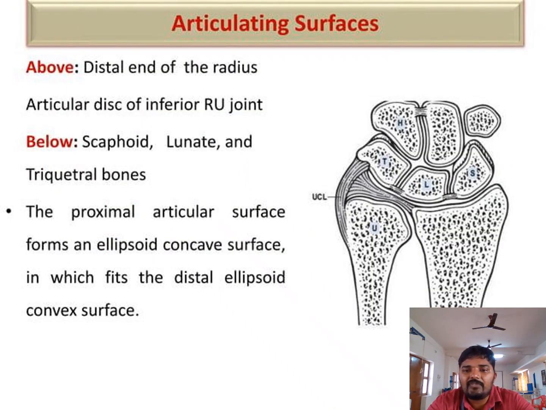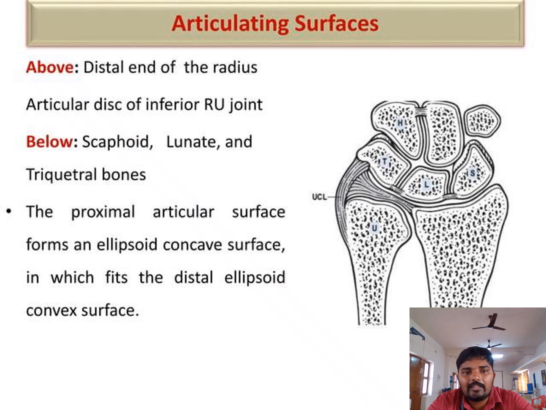Then the articulating surface of the wrist joint has an upper surface and a lower surface. The upper surface is the distal end of the radius and the articular disc of the inferior radio-ulnar joint.